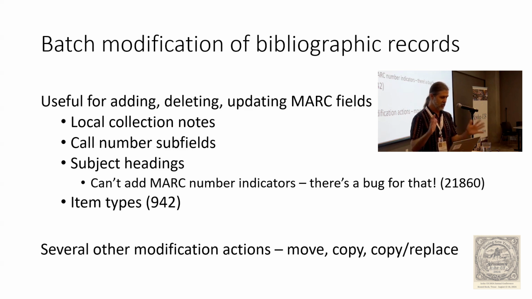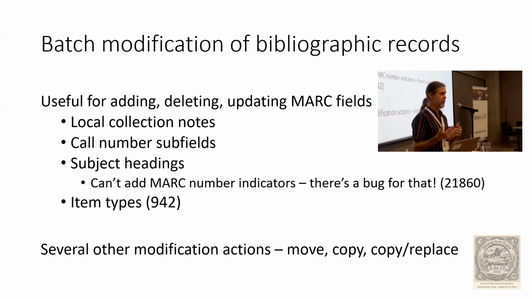So we'll get into both of those. As the name states, it provides a variety of actions for modifying MARC fields in a batch of bibliographic records. I'm told that this also can be used to process authority records, but as I don't do anything with authorities, I'm not going to speak to that at all. So we'll just focus on bib records.